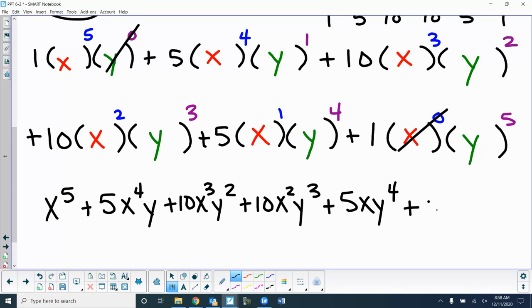And then y to the 5th. So that one's really easy because what numbers were in front of x and y? Ones, right? Just x plus y.